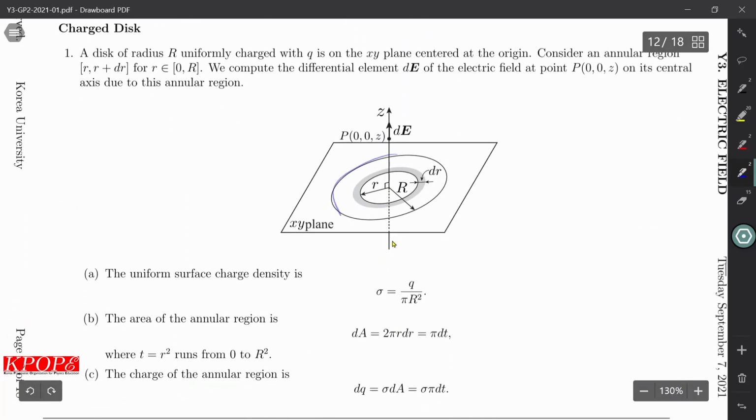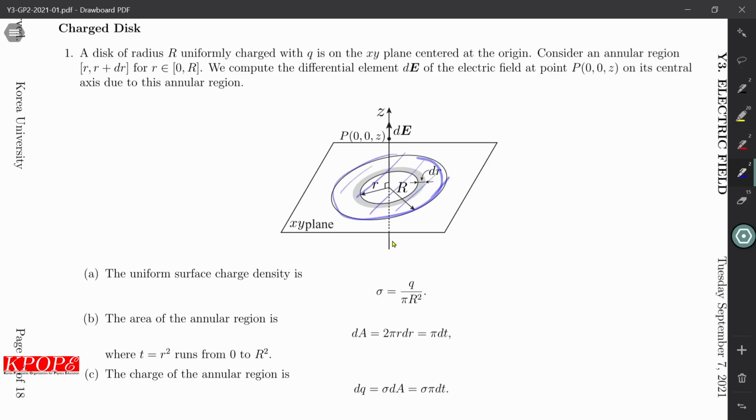Actually, a disk of radius R can be sliced into rings, and a ring can be extended to an annular region, and we vary this radius from 0 to capital R. Then finally we will find the contribution of the disk to the electric field. That's quite interesting.